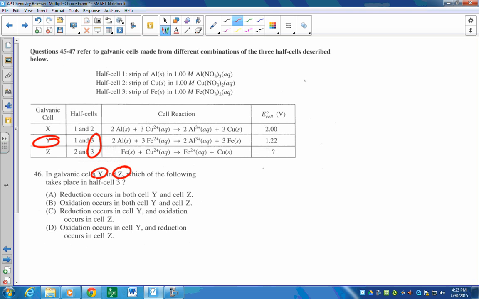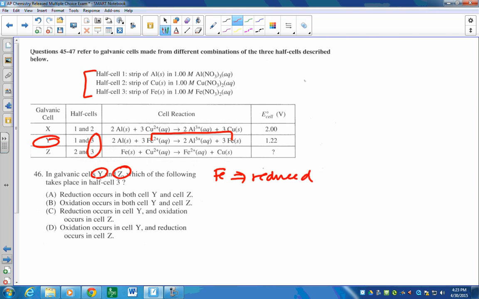In galvanic cell Y, which is made by connecting aluminum in a 1 molar aluminum solution and iron in a 1 molar iron solution, iron is being reduced because the charge went from +2 to 0.